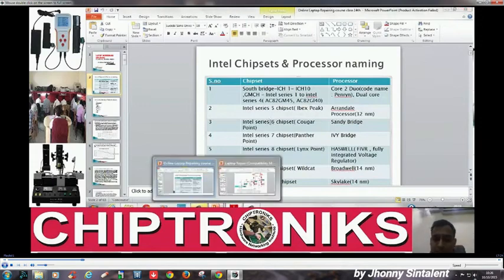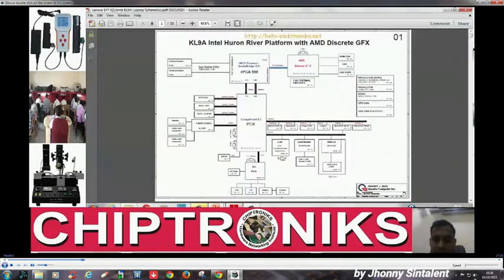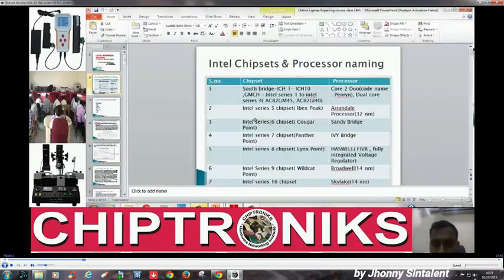I don't know what the chip number is, but I can say 100% the PCH would be HM65 or HM67, right? Just by seeing this Cougar Point, because what is Cougar Point? Cougar Point is Intel series 6 chipset. And what are the types of Intel series 6 chipset?